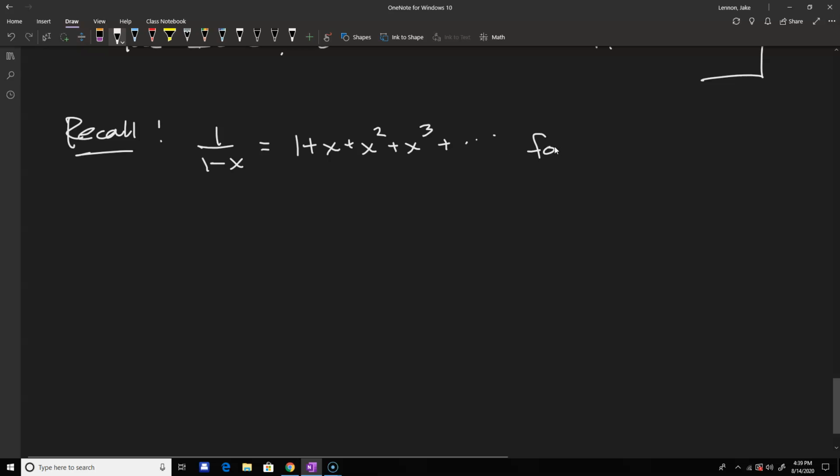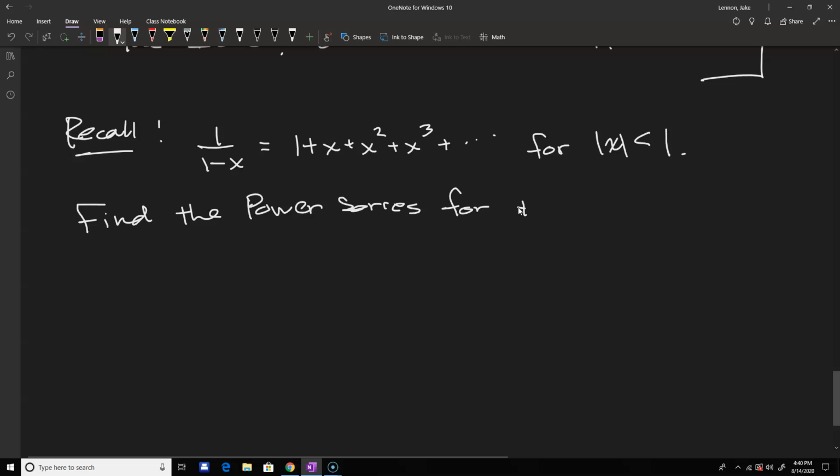Again, this converges for absolute value of x less than 1. So let's find the power series for the following functions.